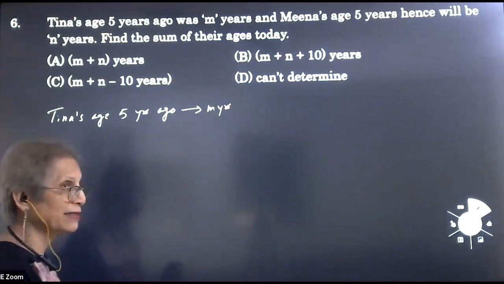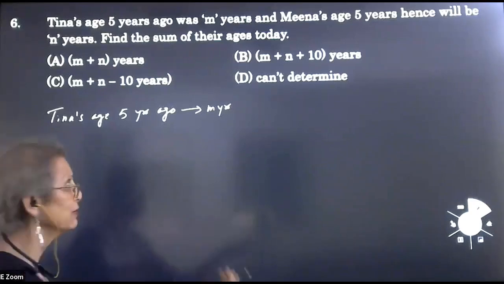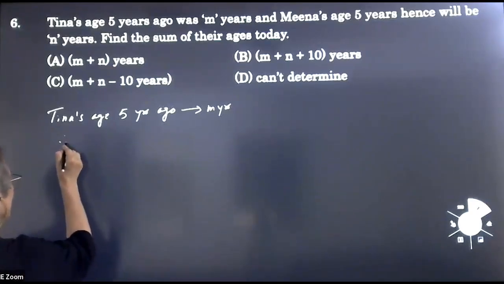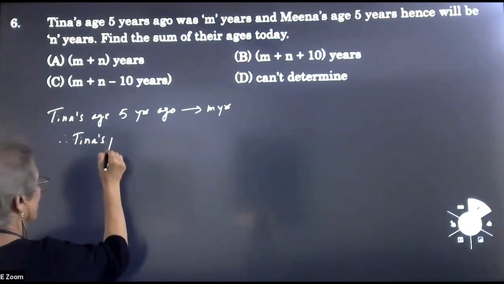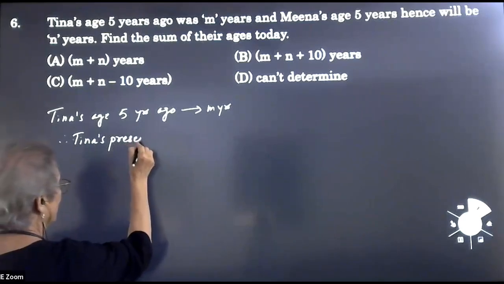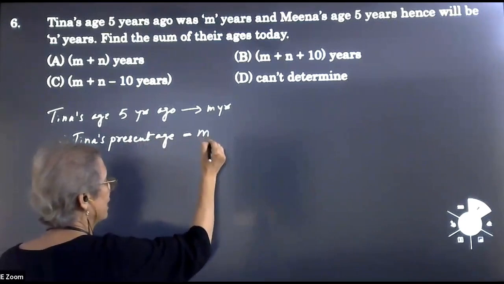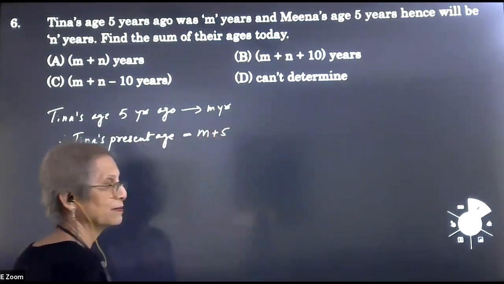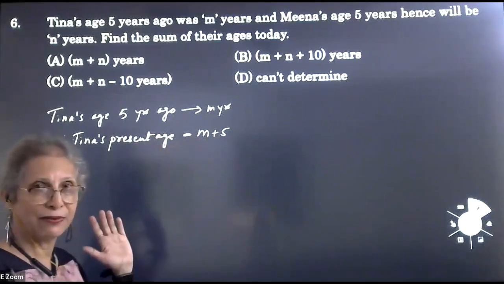So what is the present age? Present will naturally be 5 years more than 5 years ago, so add 5 to get the present age. Therefore, Tina's present age is M plus 5.